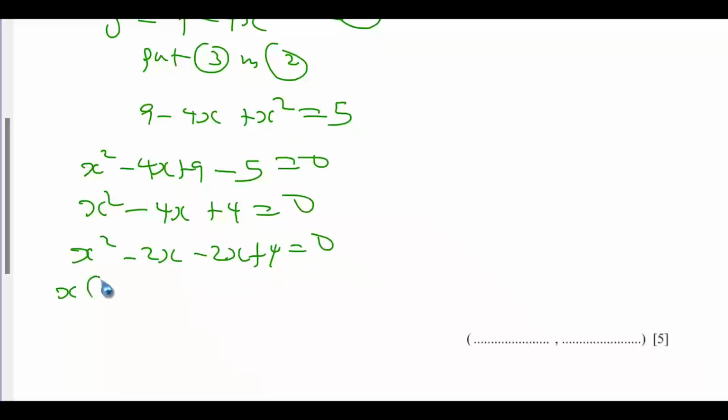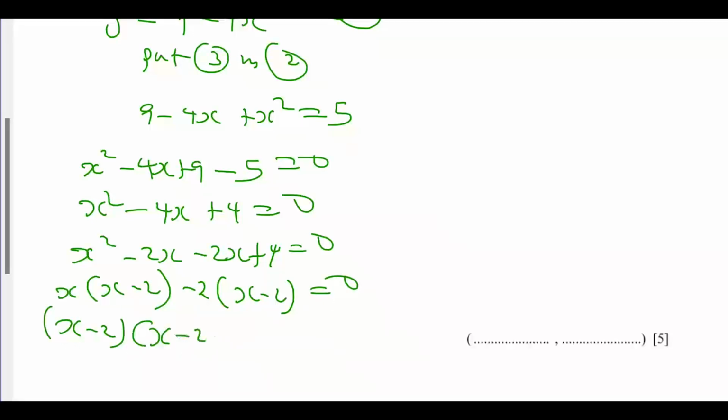Then we have x into x minus 2, then minus 2 into x minus 2 equals 0. So x minus 2 into x minus 2 equals 0. That implies that x minus 2 equals 0, then x equals 2 twice. Okay, so that will be the solution.